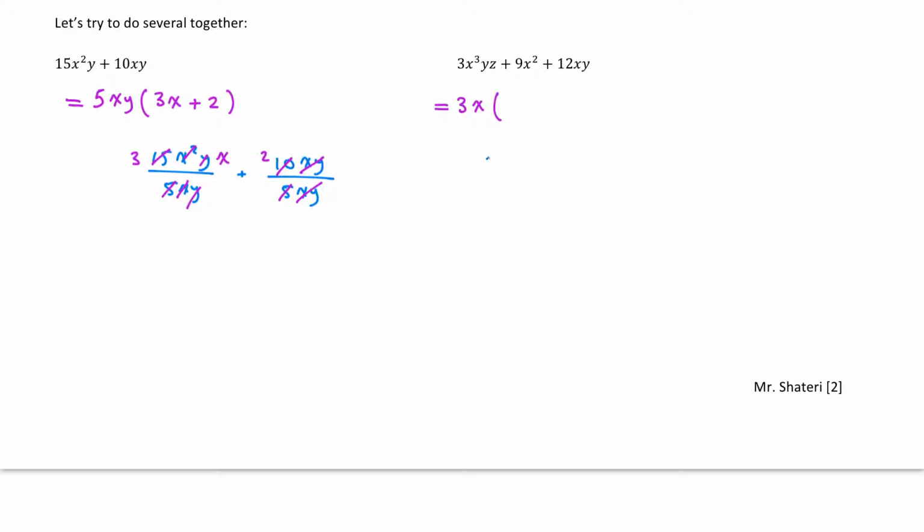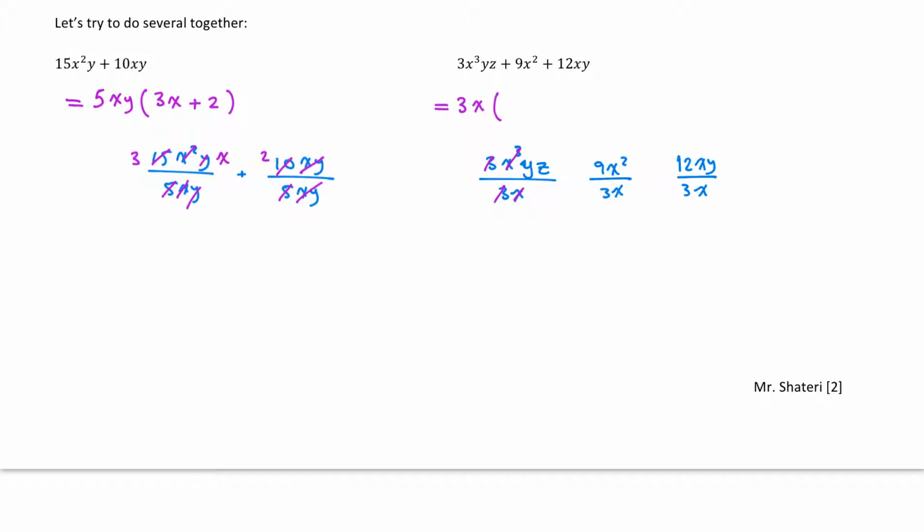So let's write that out here. 3x cubed yz divided by 3x. And then I have 9x squared over 3x, and I have 12xy over 3x. So first, 3's cancel out.